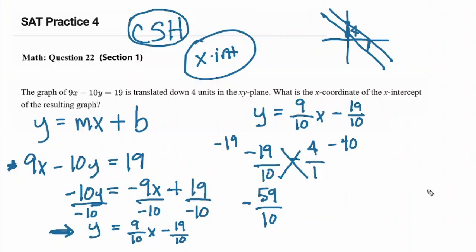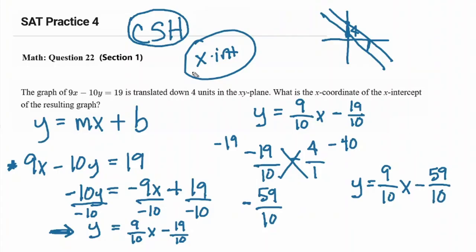So what's my new line? My new line is y equals, the slope is the same, m is 9/10. X's and y's are infinite on lines, but my y-intercept has changed. What is it? It is now negative 59 over 10, so minus 59 over 10.